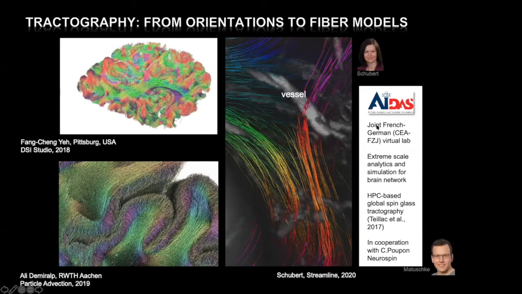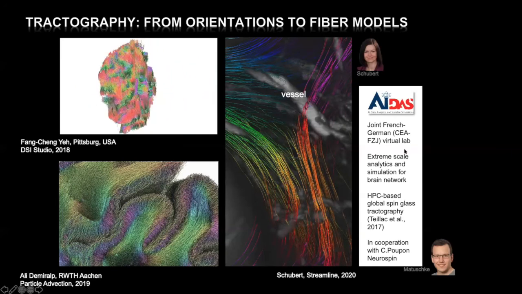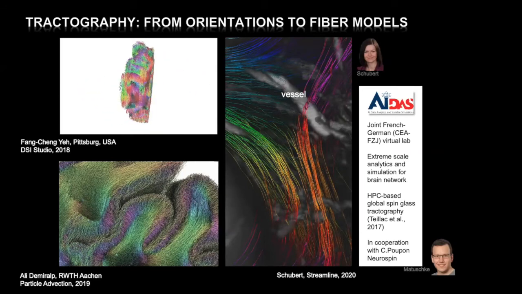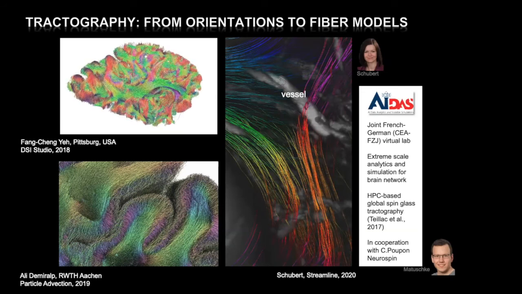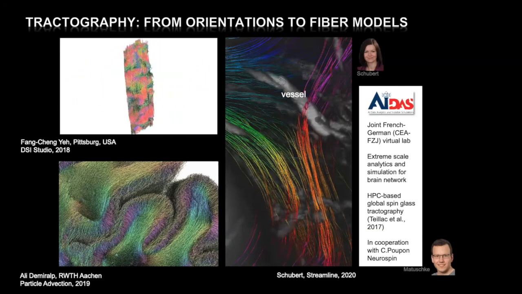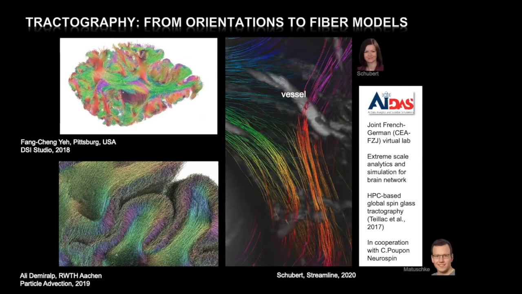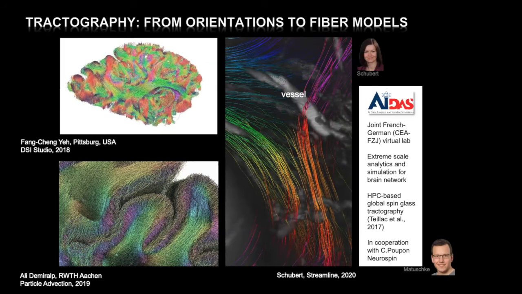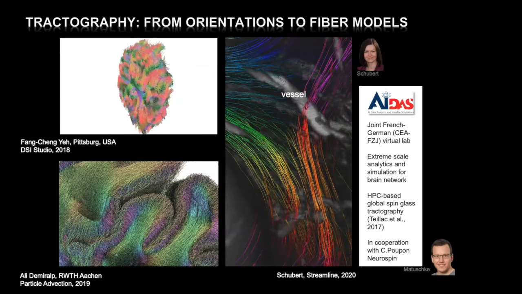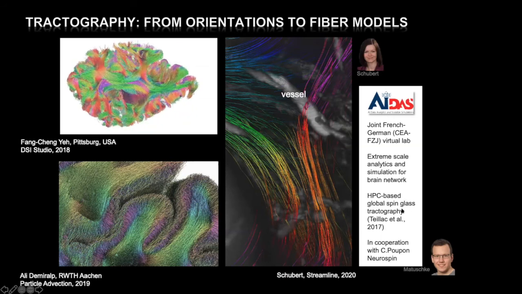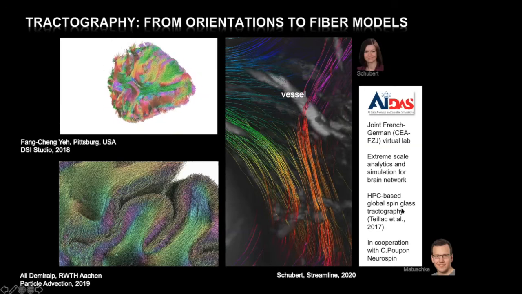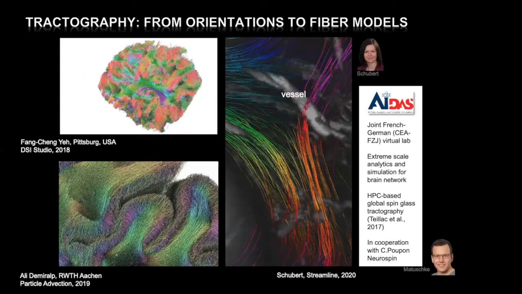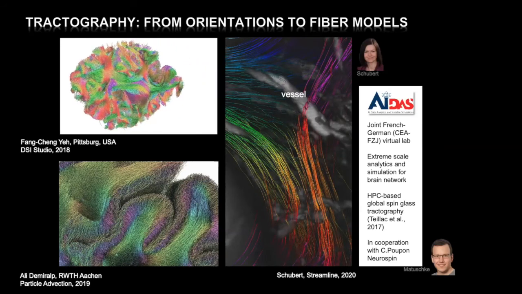But for setting this up, we have built a new joint French-German virtual lab, which is going for extreme scale applications for supercomputing and for exascale supercomputers. And we are convinced that once we address the entire human brain, we will need exascale computing if we want to do something like a global spin glass spectrography approach, which means that we try to optimize our tractograms at the same time everywhere in the brain.